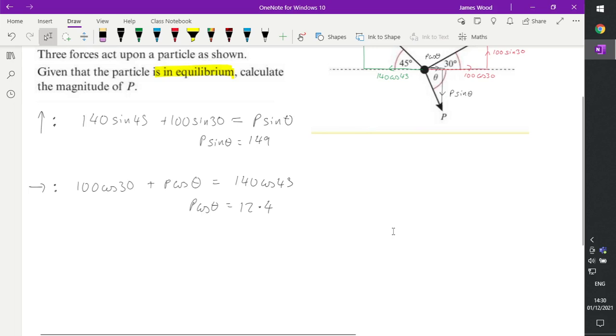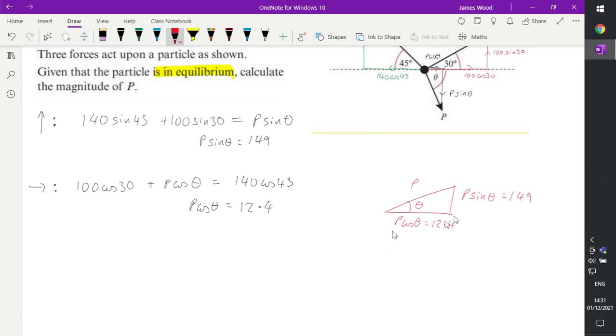Now we've solved equations that look like this before when we did harmonic form in trig. And we ended up with R sine theta and R cos theta. And what we did to solve them was we drew a little triangle like this. We said this was theta and this was R, or in our case P, because then this is P sine theta, which is 149, and this is P cos theta, which is 12.4.